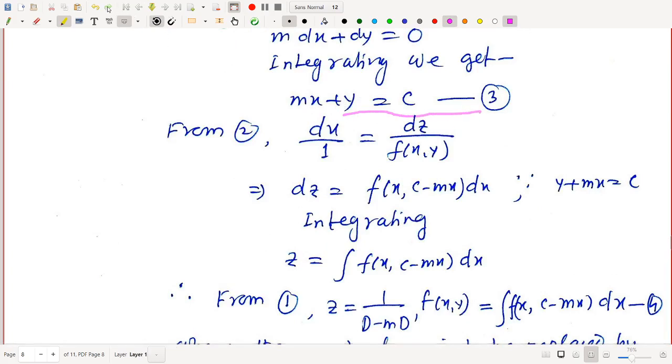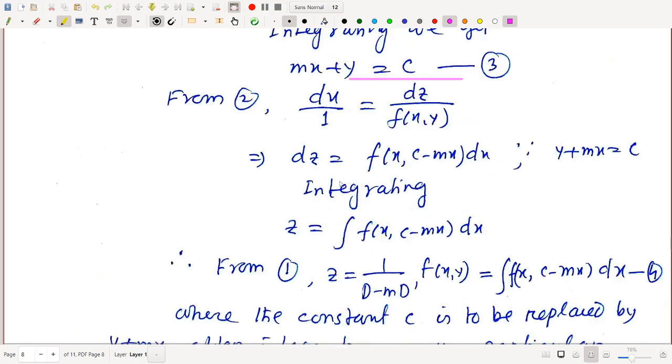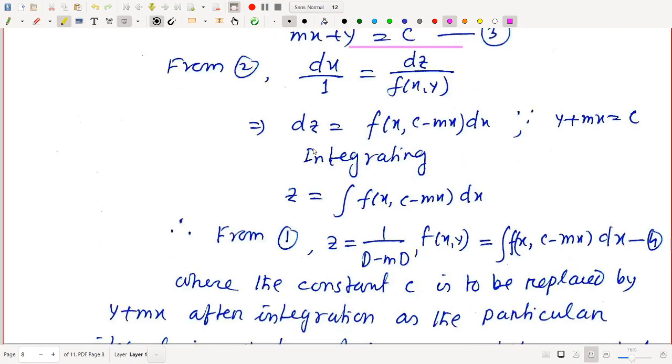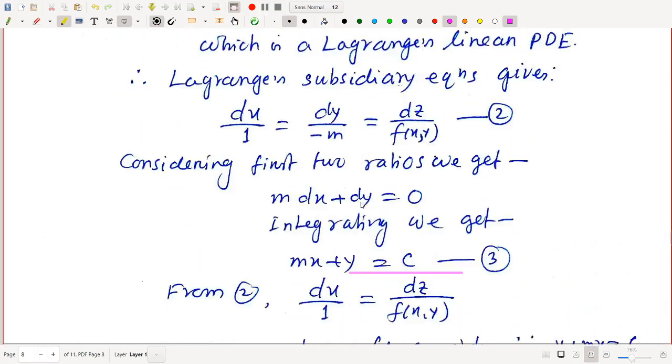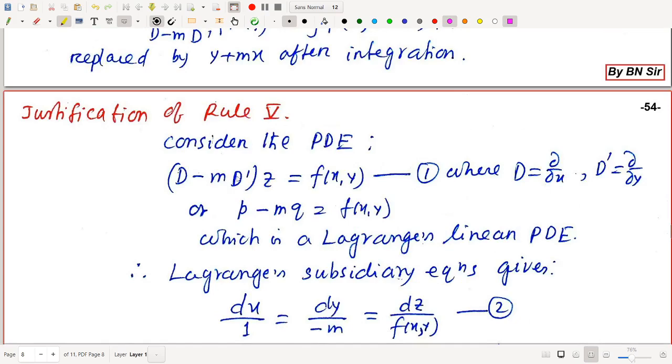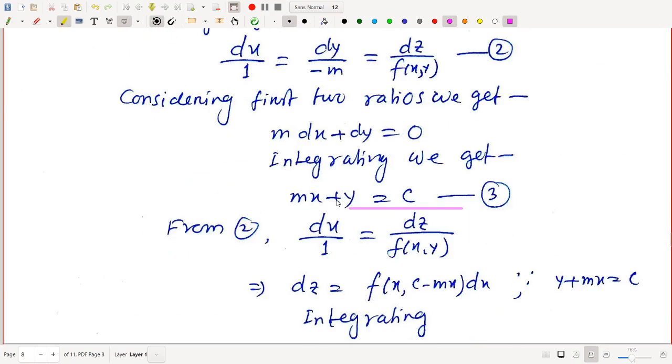Okay. So dz equal to f(x,y) means f(x, c minus mx) dx, and integrating, we get z equal to the integration of this. That means from 1, z equal to 1 by (D minus mD') of f(x,y), the particular integral.